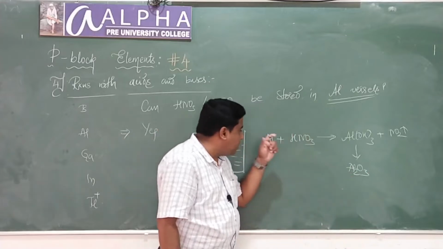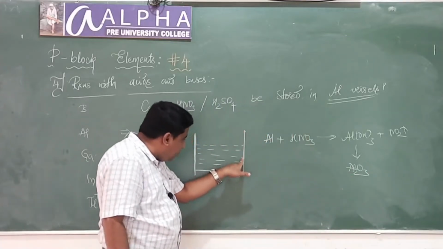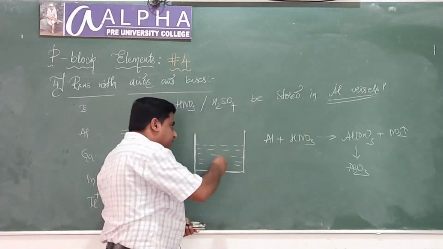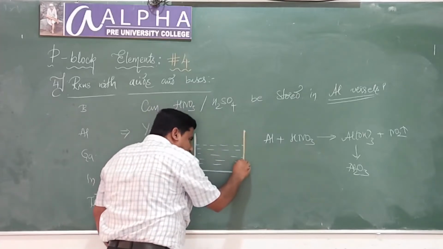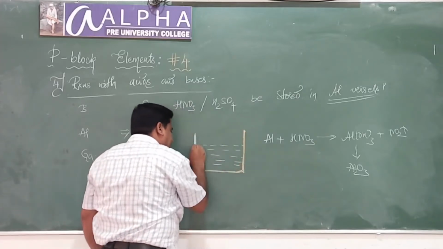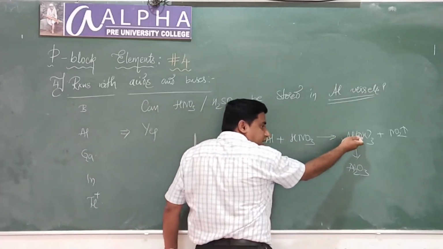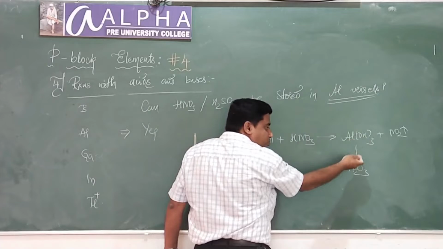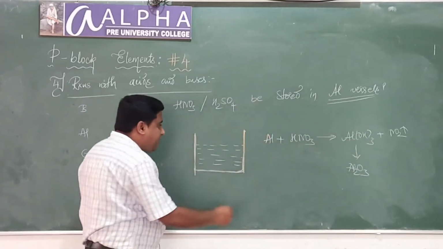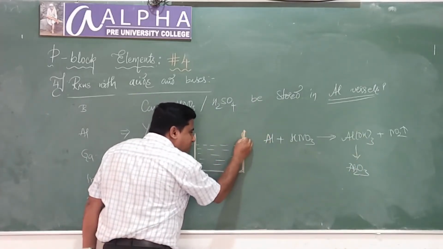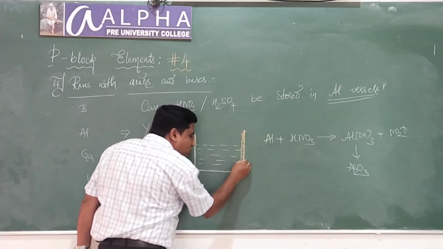Are you getting my point? The inner layer of aluminium which is in contact with nitric acid will react with nitric acid to form aluminium hydroxide. Aluminium hydroxide will further decompose to give what? Aluminium oxide. That means there is a formation of a thin layer of aluminium oxide.